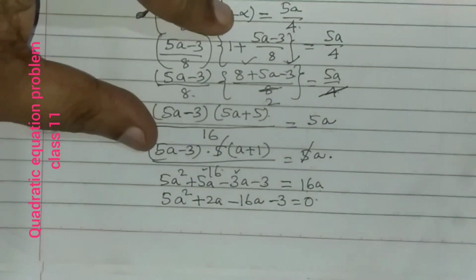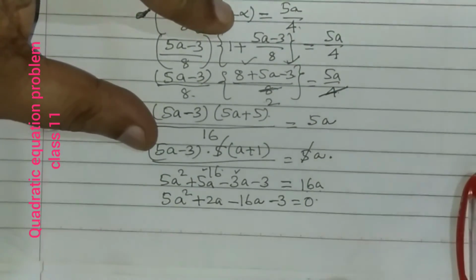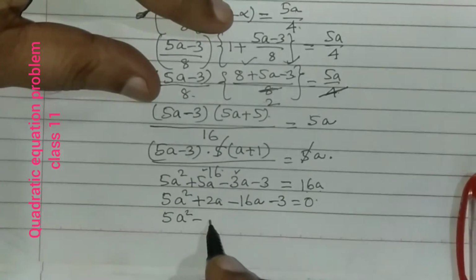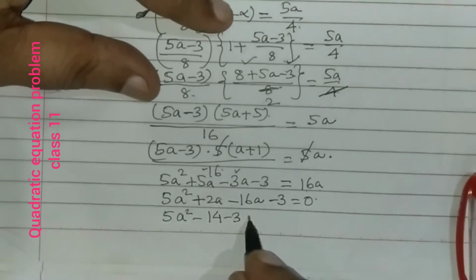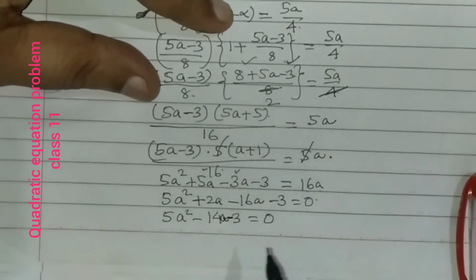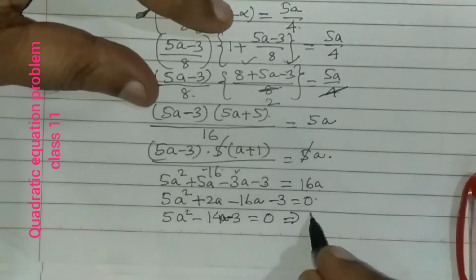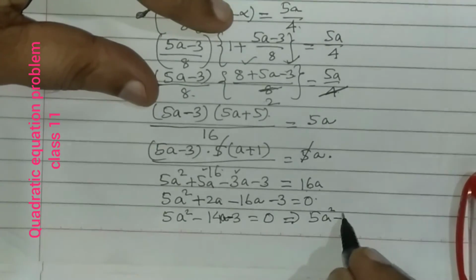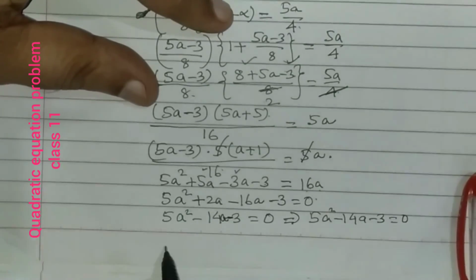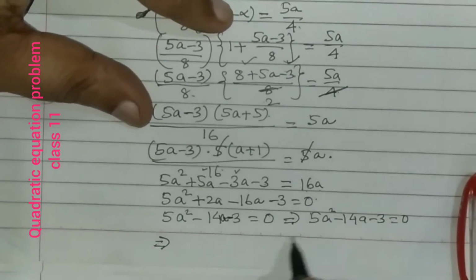So now we are saying that 5a square minus 14a minus 3 is equal to 0. So it implies it is the quadratic equation in a. So we can split the middle term.